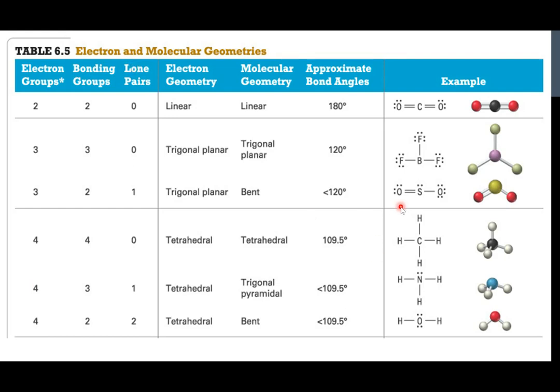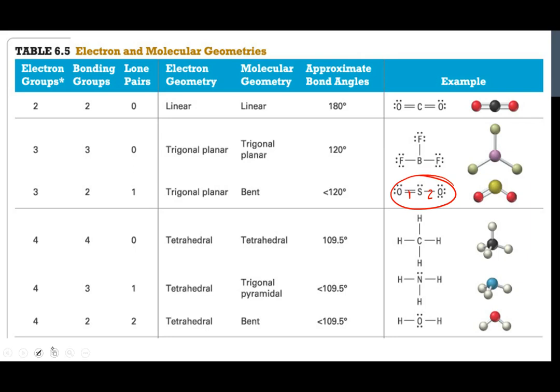So they'll look at a molecule. Let's look at this molecule right here. So students will identify first the central atom. So the central atom here is sulfur. Then they'll decide what is attached to that sulfur. Well, I see 2 bonding groups. So this is 1 and this is 2.